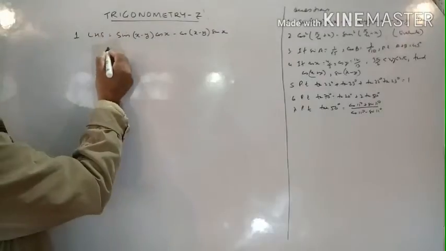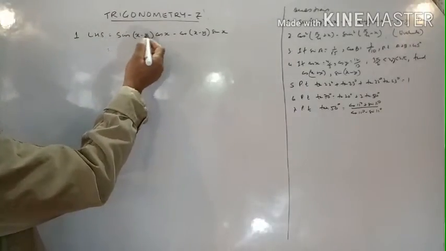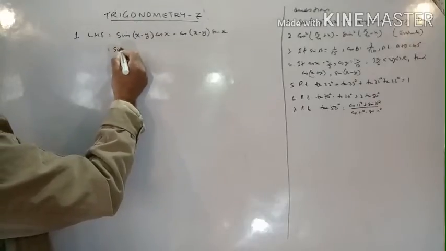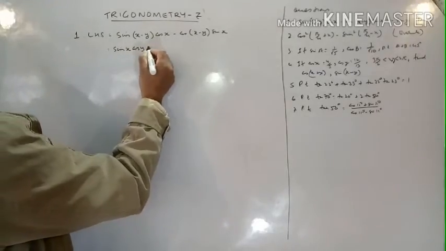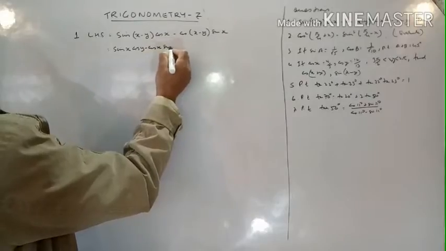So we'll simplify this one, taking the LHS. Sine (x minus y), we have the formula for this: sine x cos y minus cos x sine y.